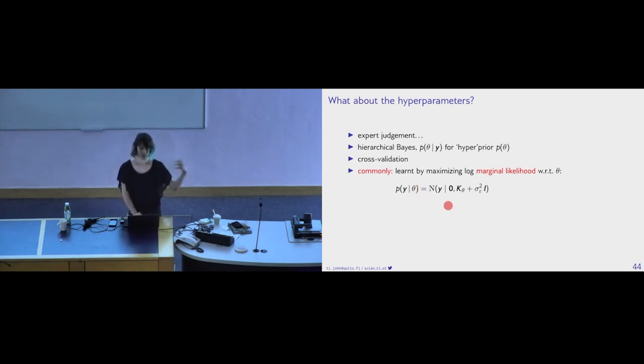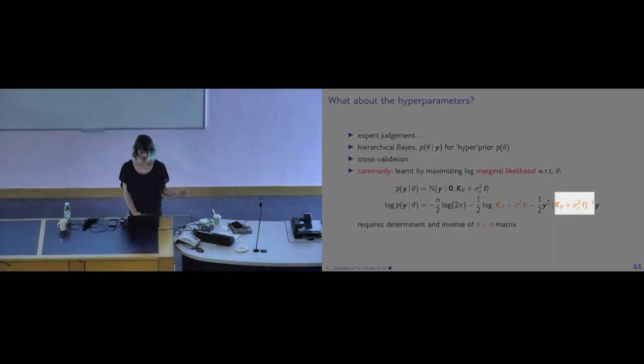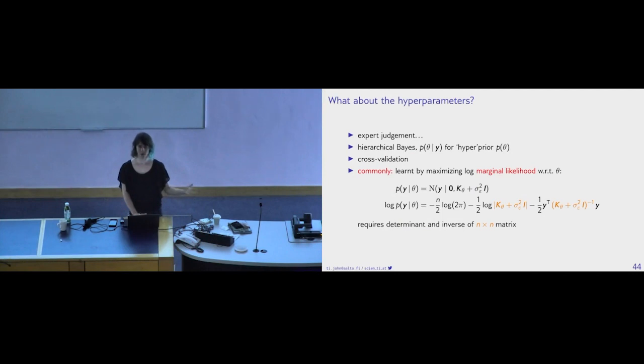And because the Gaussian process model, if we marginalize over everything, is still Gaussian, we can write this down in closed form and use, for example, gradient ascent with autodiff on this equation to find the point estimate of the hyperparameters. Just to point out, as with the prediction equations, we have the inverse of an n by n matrix and the log determinant of an n by n matrix. That will become challenging if you have larger data, and I'll talk a bit more about that in a second.